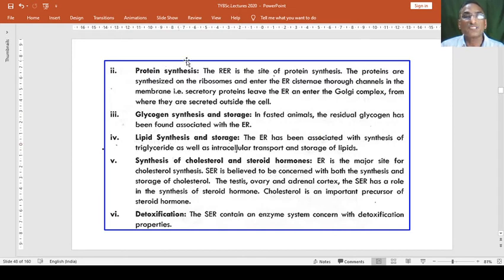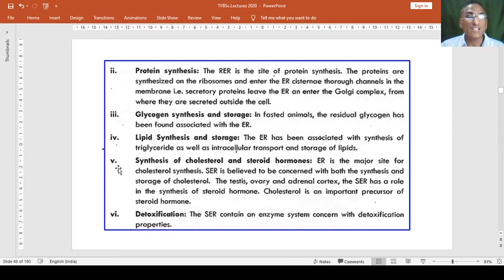As the protein is synthesized, lipid molecules are also synthesized and stored in the body with the help of ER, in association with synthesis of triglyceride, meaning 3 molecules of the glyceride, as well as intracellular transport and storage of lipid material.